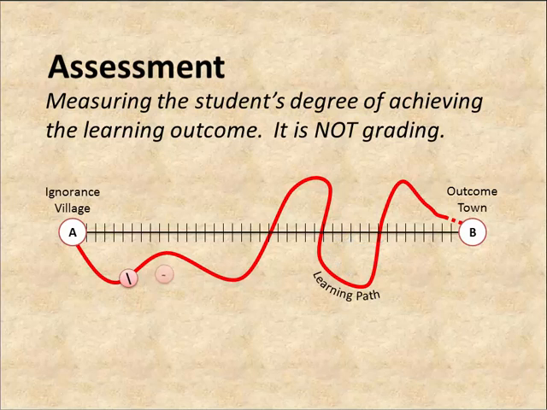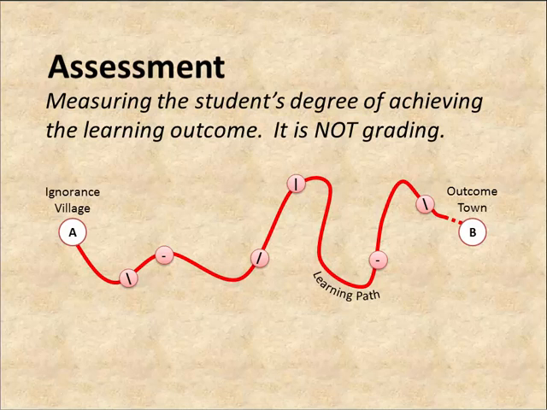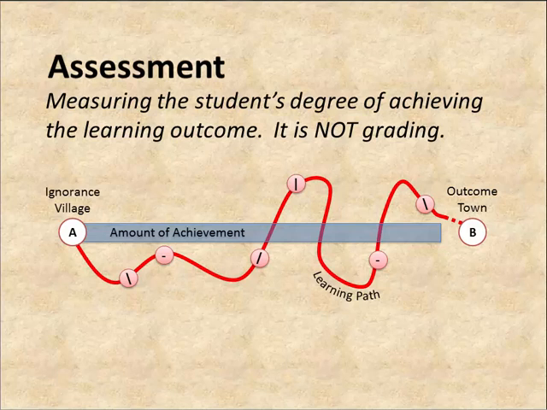Along the linear track, activities are presented to the student to indicate their degree of learning. Results from these can vary depending on where the student is on his or her own individual learning path. Again, the issue is that none of these activities necessarily measures the achievement of the desired outcome. This is what assessment is trying to do, measure the degree of achievement of the outcome.